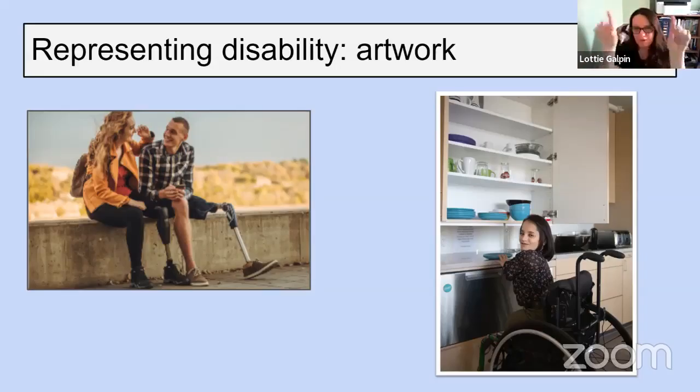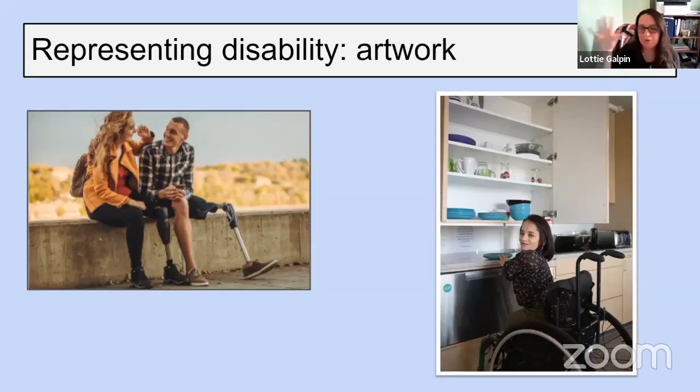So if you have a vocab set with, say, 8 items, 1 or 2, 3 of these items the photos could represent disabled people. So here, this would be great for representing the phrase hang out with friends, or be in a relationship. This one would be great for something like put the dishes away, or tidy up.